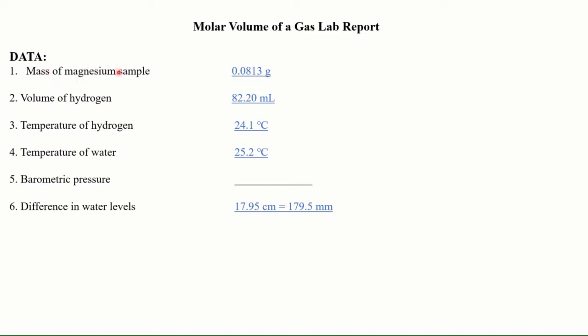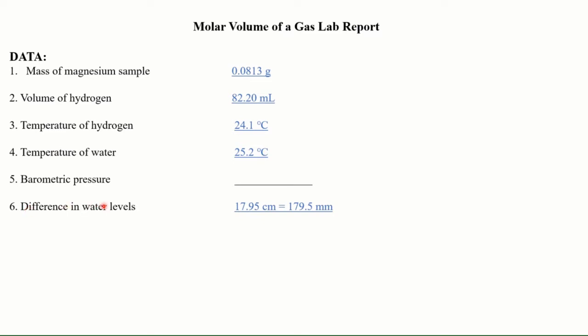We collected the mass of the magnesium sample, which was 81.3 milligrams or 0.0813 grams. The volume of hydrogen was 82.20 mLs. The temperature of hydrogen gas was 24.1 degrees Celsius. The temperature of water was 25.2 degrees Celsius.